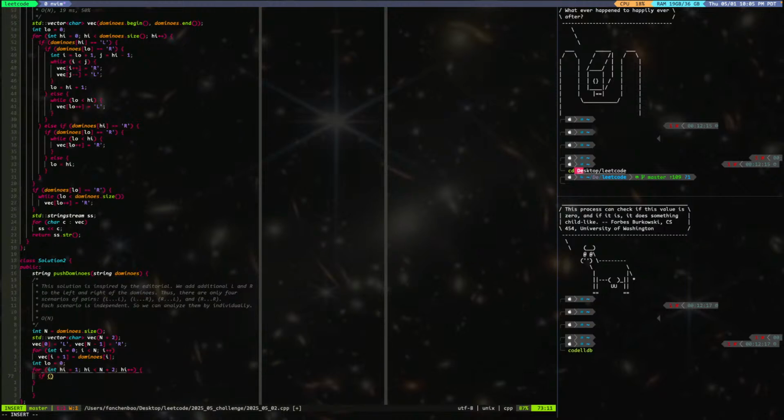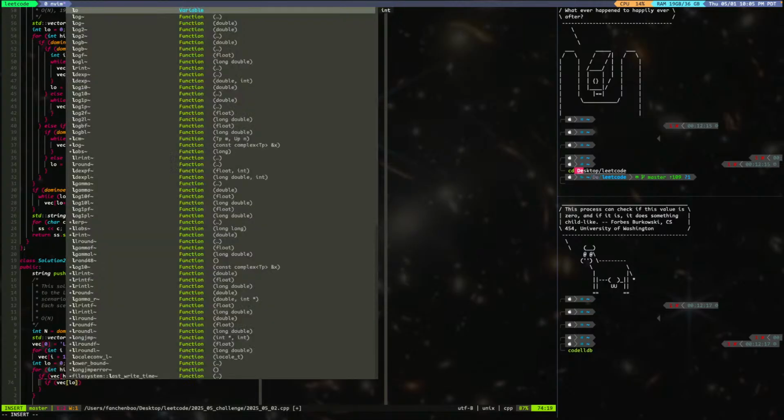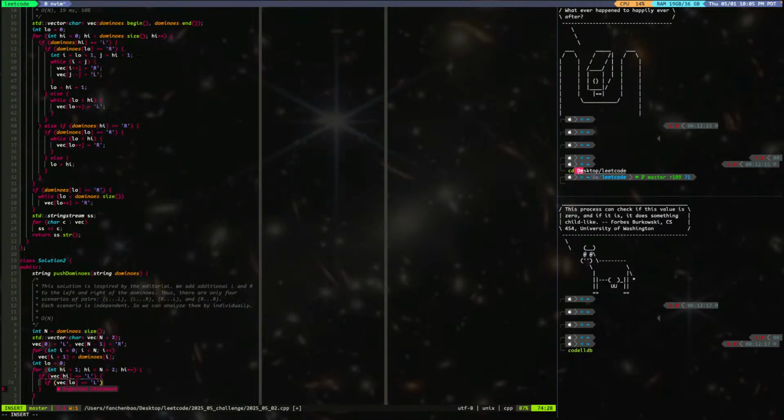If vec high is equal to a left, right? And now we say if vec low is equal to a left, then everybody in between shall be, oh, that's actually very similar to what I was doing. Right, so for int I equal to basically low plus 1, right? I smaller than high, I plus plus, we say vec I equal to left.